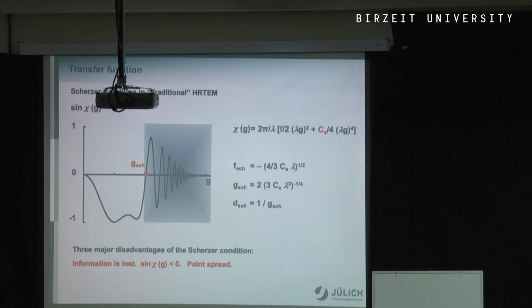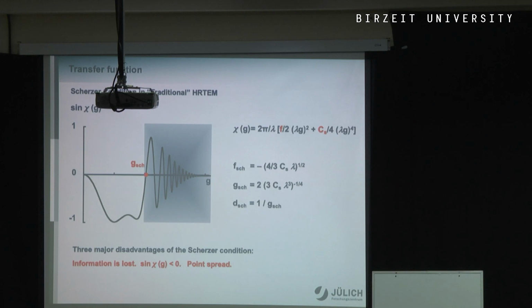We have low spatial frequencies on the left, high spatial frequencies on the right. And what this broad plateau tells you is that low to medium spatial frequencies in the image are transferred with dark contrast, and then beyond a certain spatial frequency, the spatial frequencies in the object are transferred either as black or as white contrast.